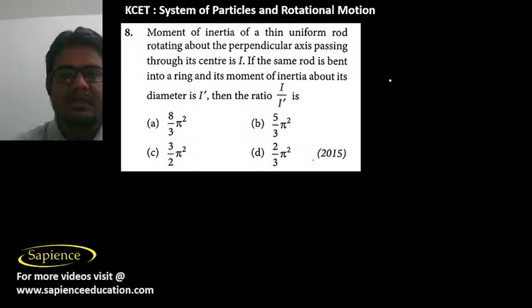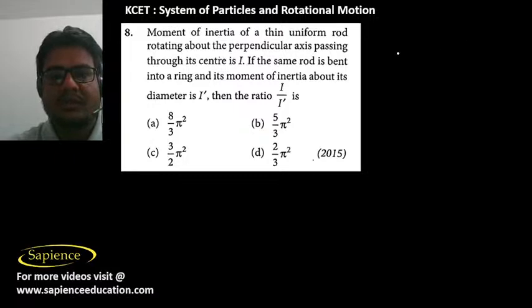Then question number 8: the moment of inertia of a thin uniform rod. A thin uniform rod is there.